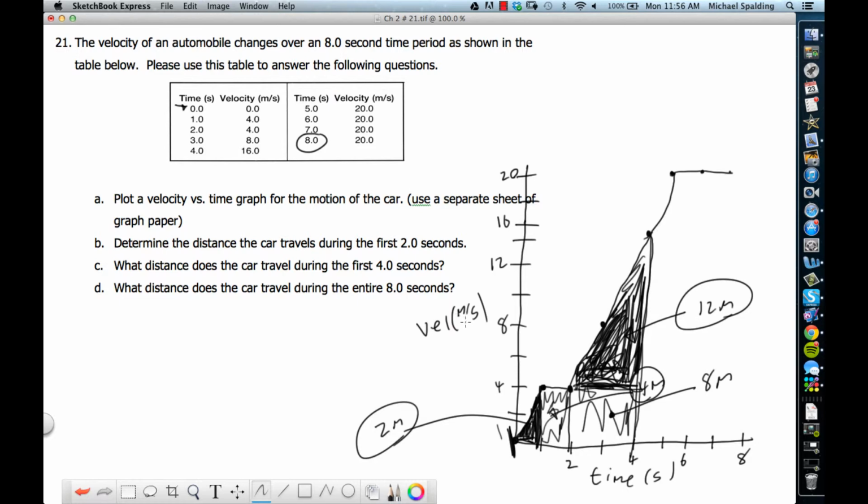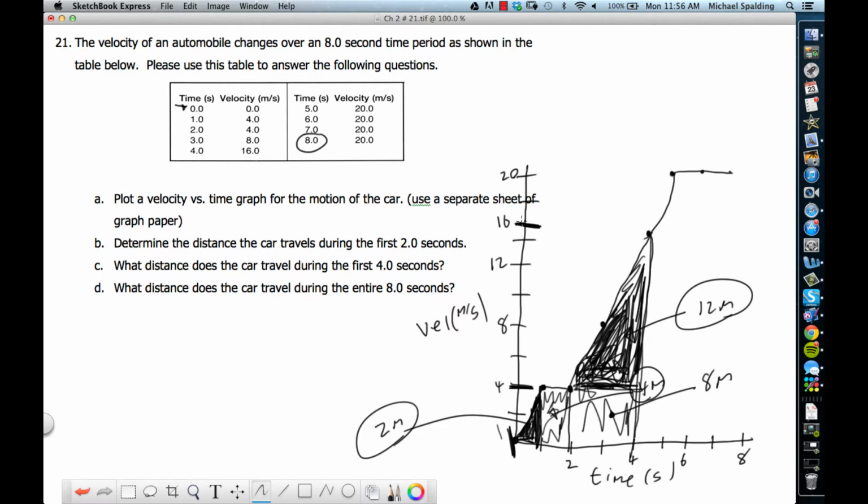The height of the triangle is 12, and 12 times 2 is 24, divided by 2, so it's 12. The area of the triangle is 12. I mean the height, because you start from 4, and it goes to 16. From 4 to 16 is 12.